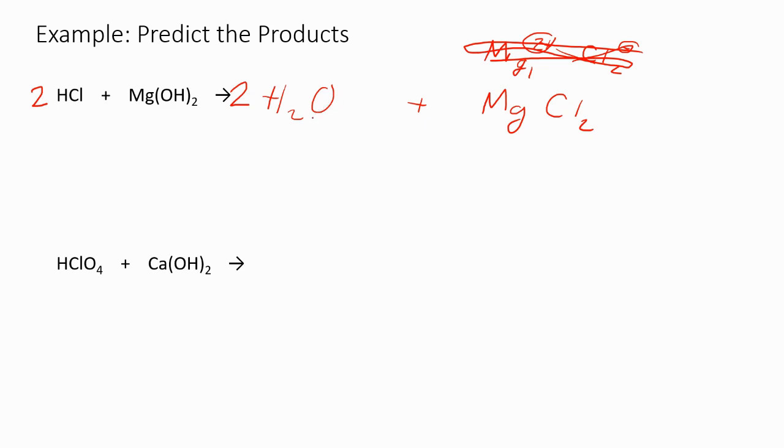You're doing all right so far? Okay, good. All right, this one, we're also going to get water. And what is our other product? This one was tricky for 4th period. What's our other product? CaCl. Good. CaClO4. And then, how many of those do we need? 2.